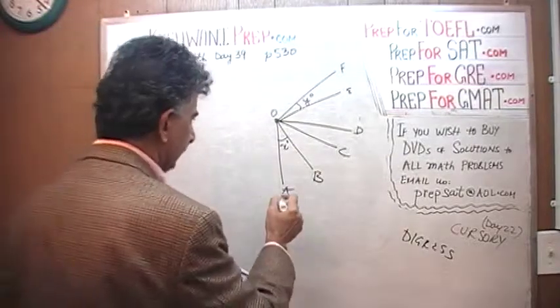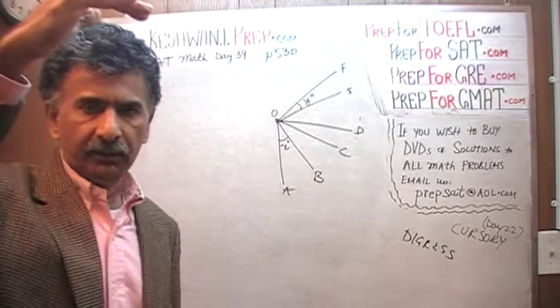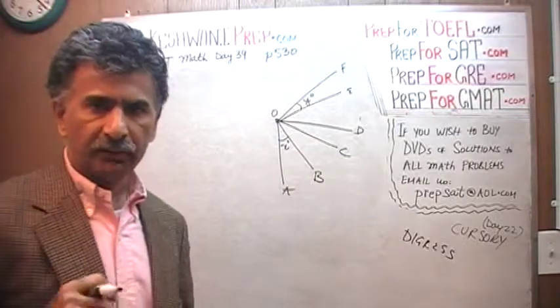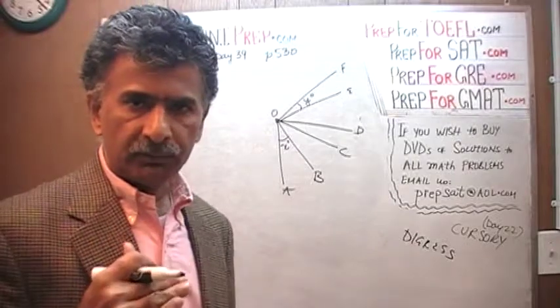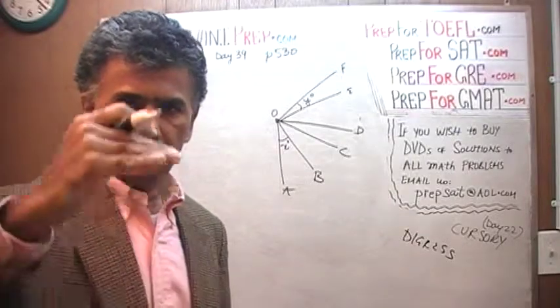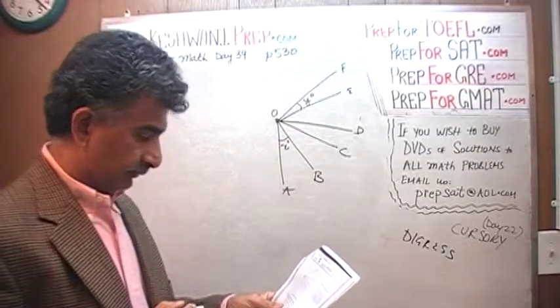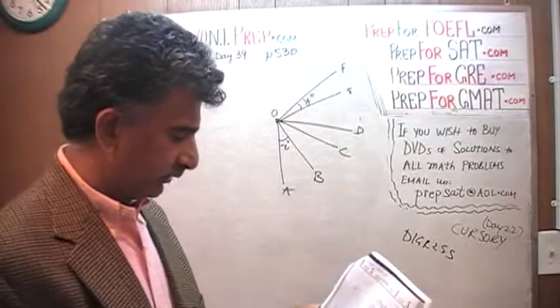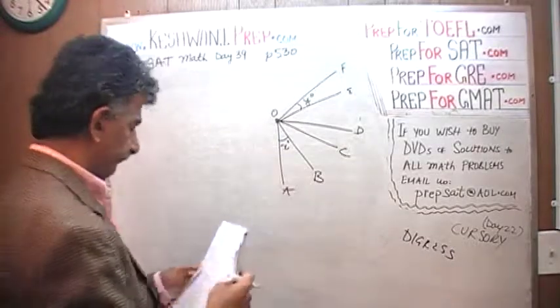So I'm going to start with the lowest one first because it's easier to build your way up instead of starting from the top and trying to figure out how pieces should fit. It's always a good idea to start from the bottom up and then go from there. So the last part of the sentence tells us that OB bisects AOD.